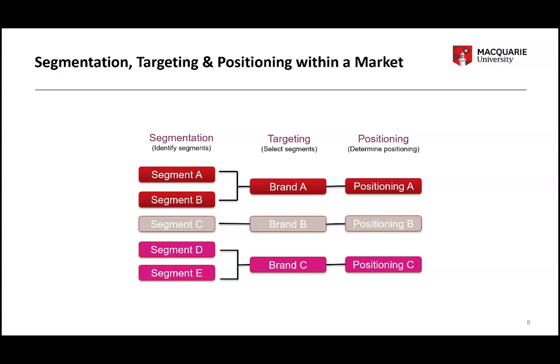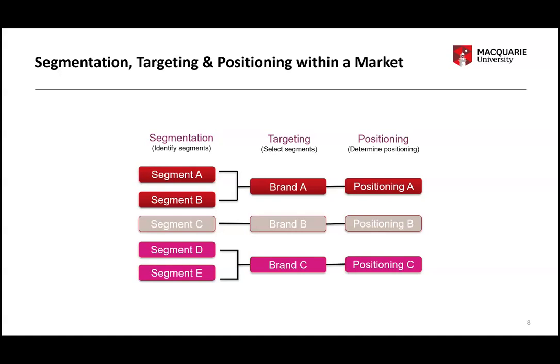So if we imagine a product market or a category represented on the far left-hand side of this slide, we might be able to break it into these 5 different segments, and one brand might target 2 of those segments, another brand might target the third, and the third brand might target the remaining segments.